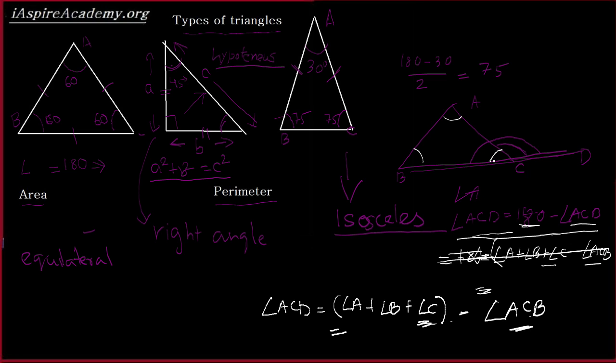If you expand the bracket, A plus B remain and C cancels with ACB. So angle ACD equals the sum of the other two angles.